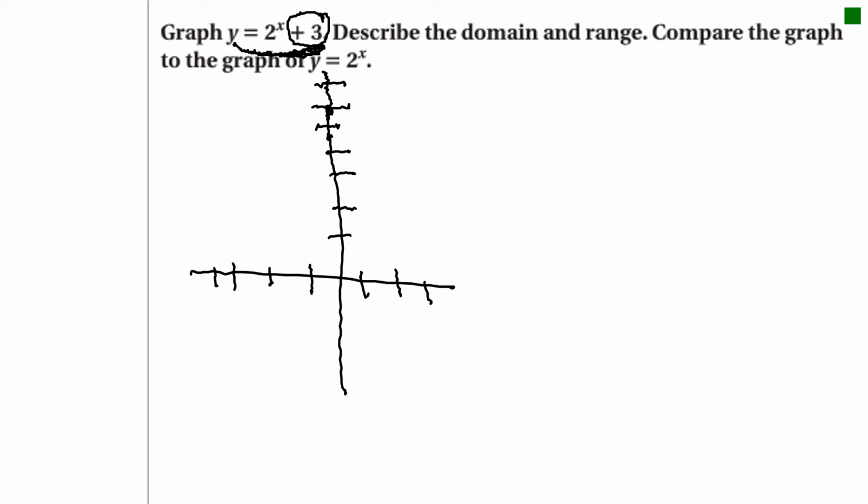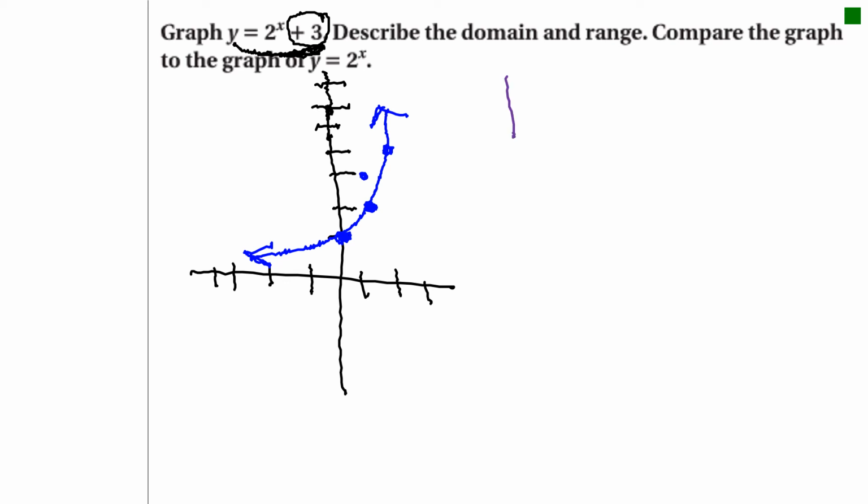Our graph from that last video, sorry, the last slide, not video, went 0, 1, 1, 2, 2, 4. Here's our one from that last slide.